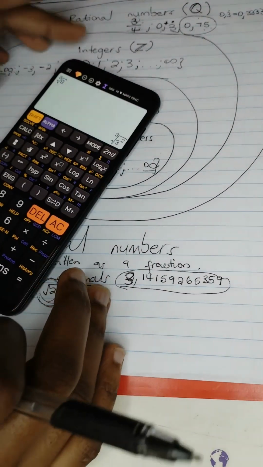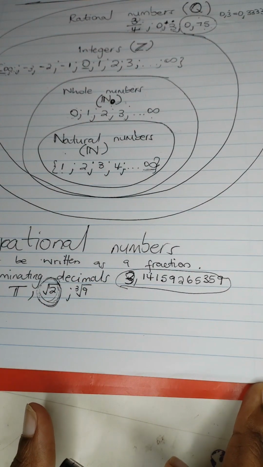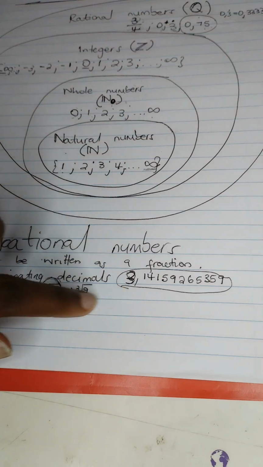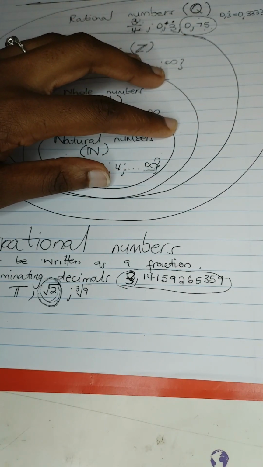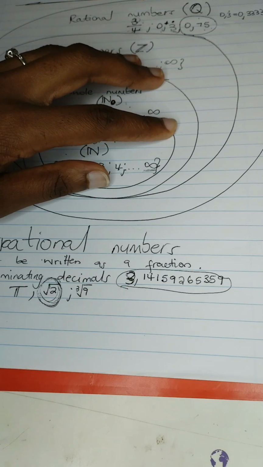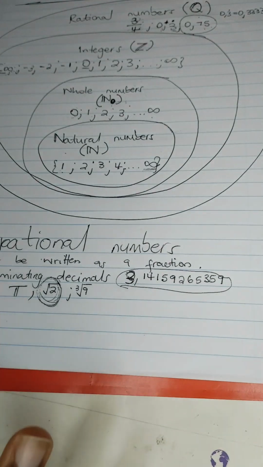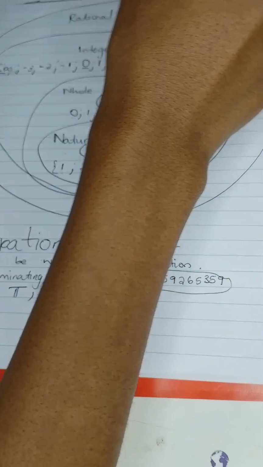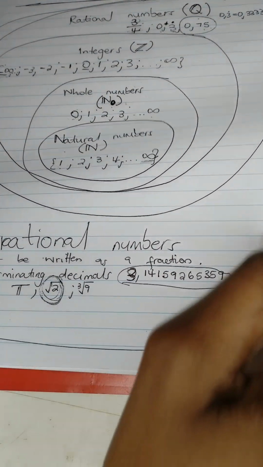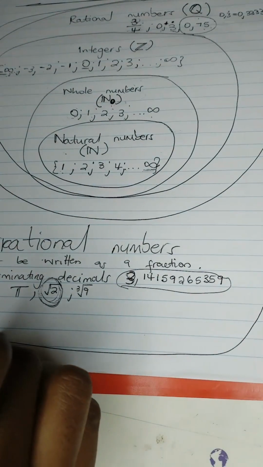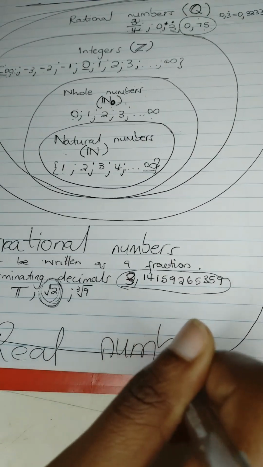Now, look at this. Irrational numbers are not a part of this system. Why is it so? Both rational numbers and irrational numbers, when you put them under one thing, are called real numbers.